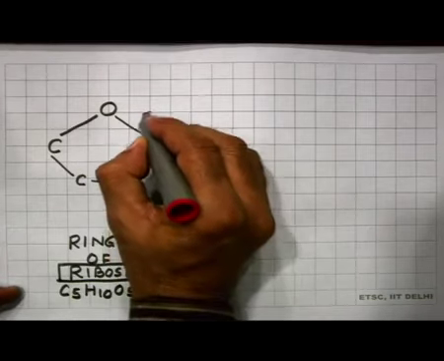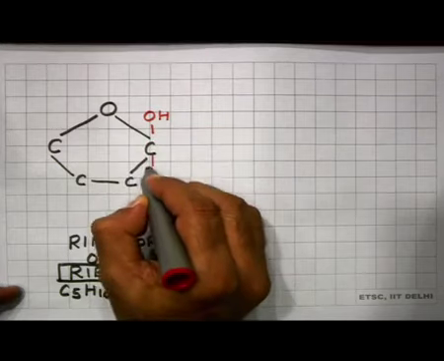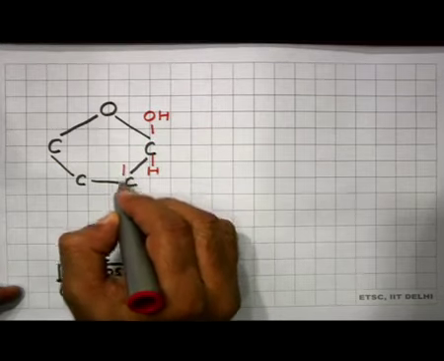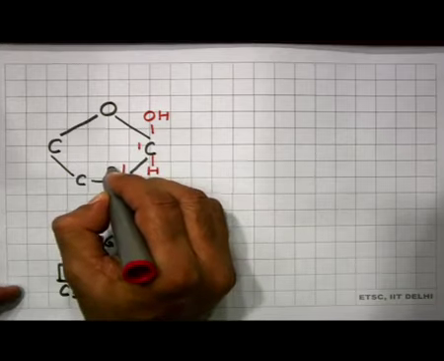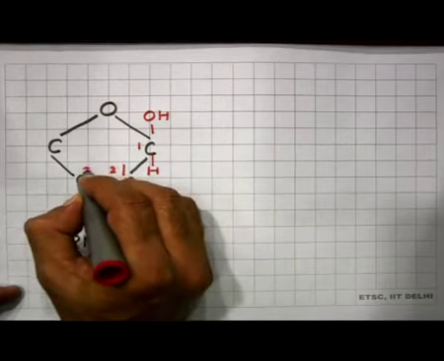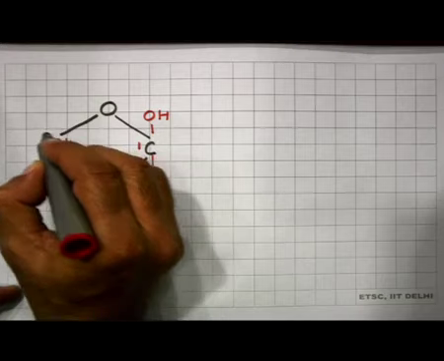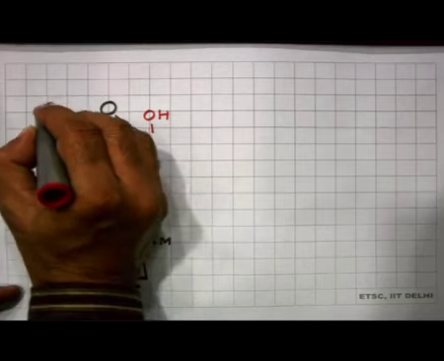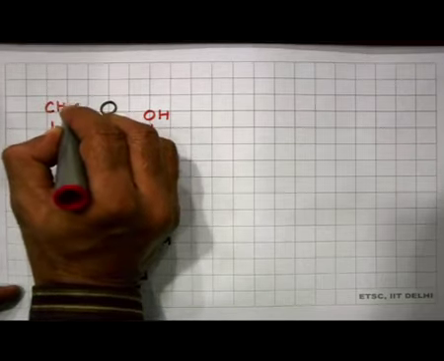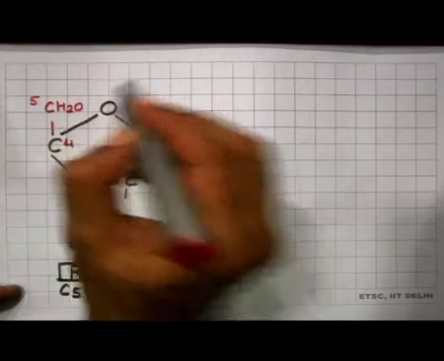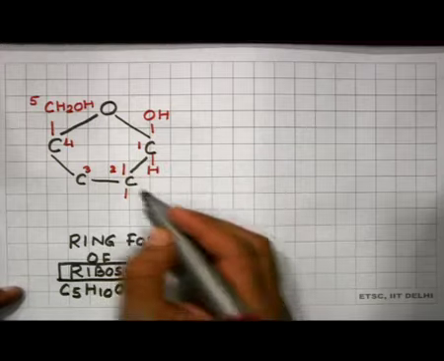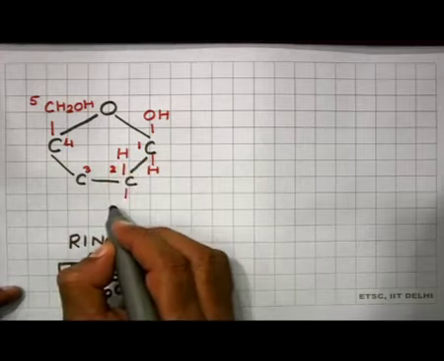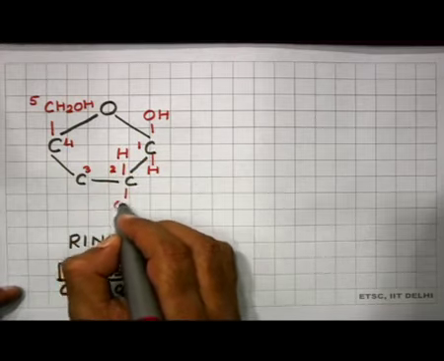Here the OH group is here and the H group is here. This is the first position, this is the second position, this is the third position, this is the fourth position, and the fifth carbon is present here. At the second position in the straight form, there is H, OH.